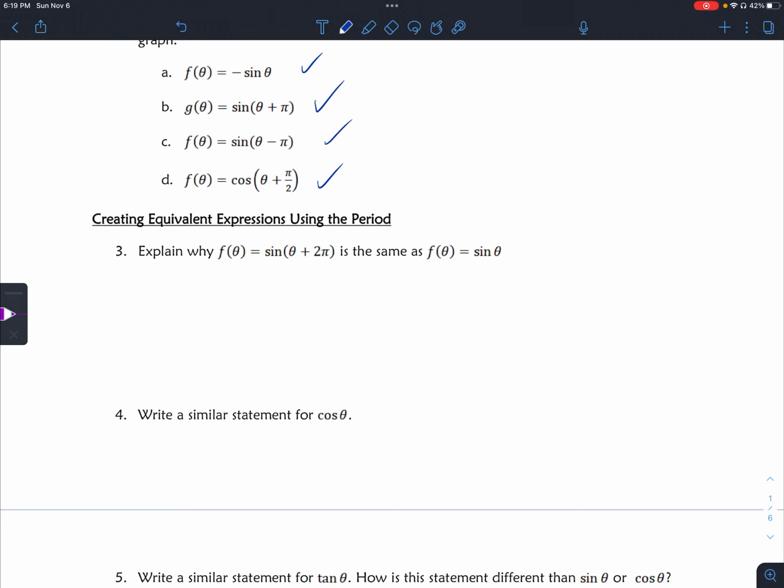The reason for this is because the period is the same. The period is being added or subtracted, so it's not going to have any effect on how the graph looks. The period of y equals sine theta is 2 pi radians.